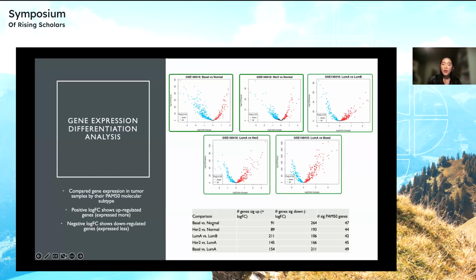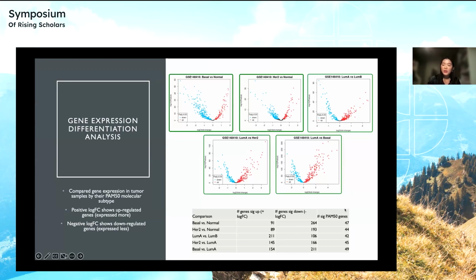And so I compared 2 of them at one time, and then in the volcano charts, you can see the log2 fold change, which, if it's positive, shows the upregulated genes, which means those are the genes that are expressed more in this subtype, and the negative log FC, which shows the downregulated genes, so these genes are expressed less.